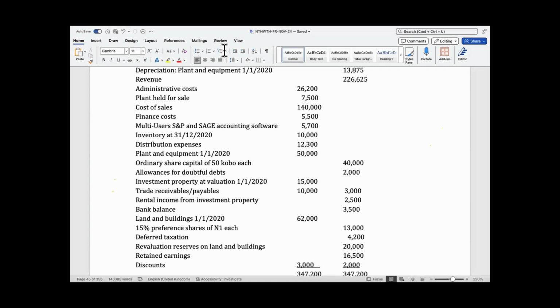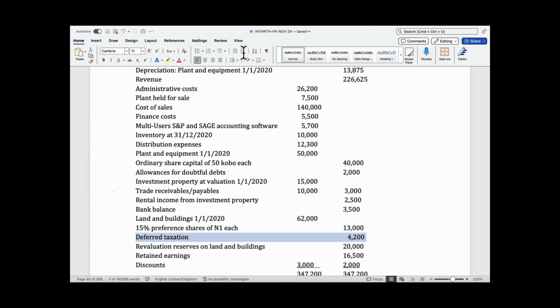Now, this deferred tax that we have here cannot be treated as an expense because it's on the credit. It's a deferred tax liability. As Mr. Kazim has taught you, deferred tax is always gotten by comparing your opening deferred tax with the closing deferred tax.